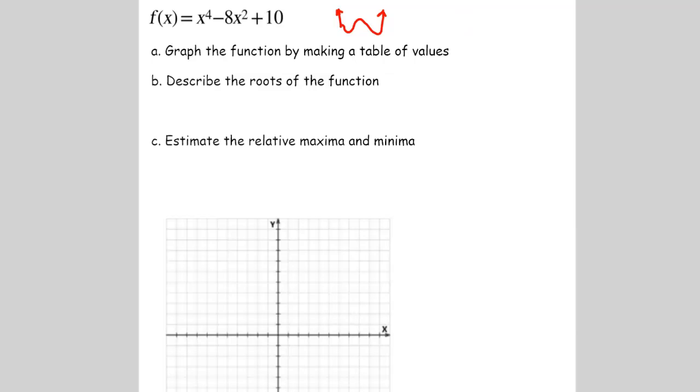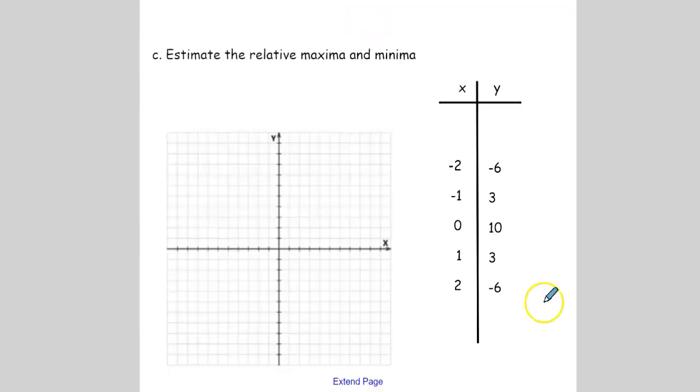So what I'd like you to do is go ahead and start by making our table of values, starting with -2 through +2. So go ahead and hit pause, make your table for -2 through +2. Okay, so you can see my XY chart is there. I have my values for -2 through +2.